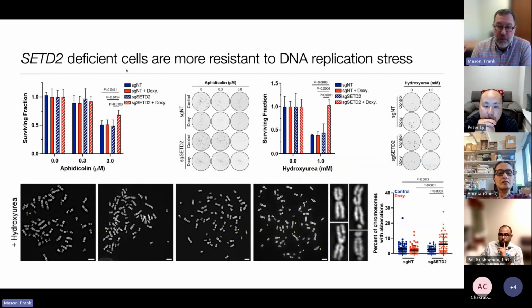And so one of the things we want to try to understand going forward is why these SETD2 knockout cells, despite having more chromosomal breaks and more DNA damage, are more resistant to DNA replication stress.